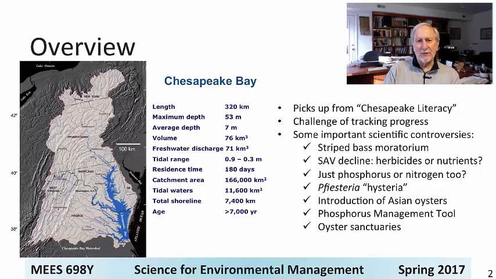These statistics are important for the next lecture that we're going to talk about with respect to the Baltic Sea. So I'll be comparing some of these statistics with that of the Baltic.